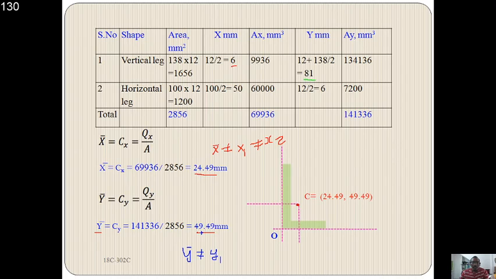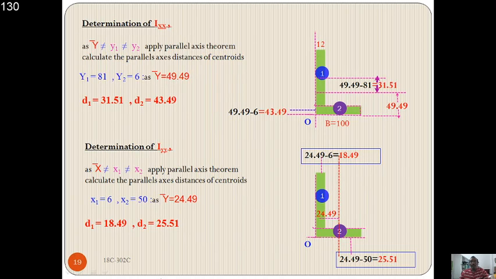And y bar is 49.49, but y2 is only 6, so it is also not equal to y2. Hence it is a must to use the parallel axis theorem for both directions. I applied the same thing here to get the d1 and d2 values. To understand this clearly, I mentioned the y1, y2 values, the y bar value and their differences here.